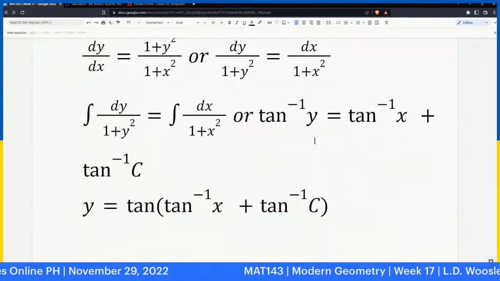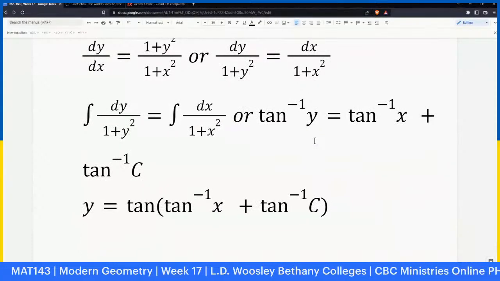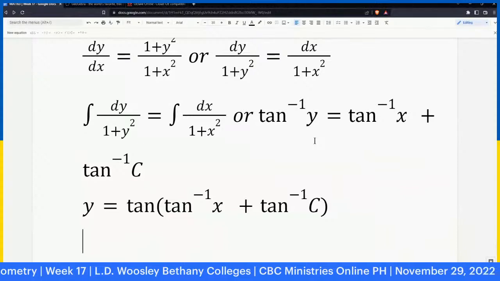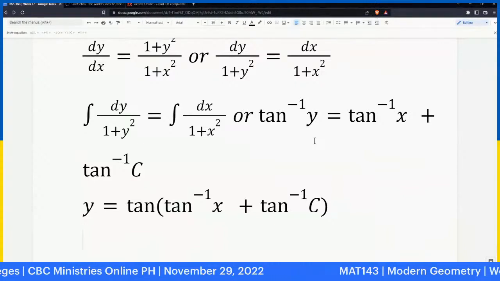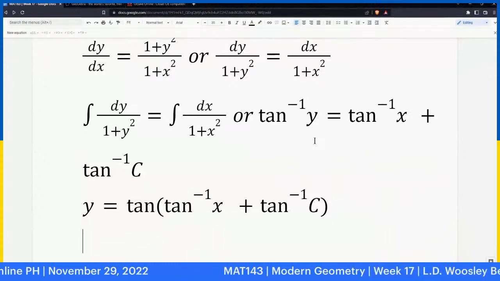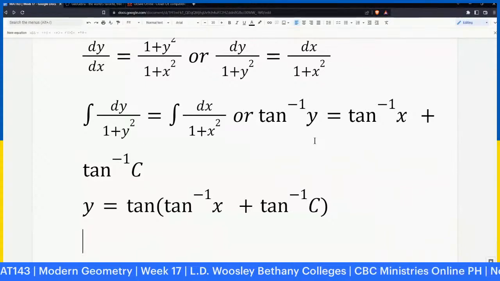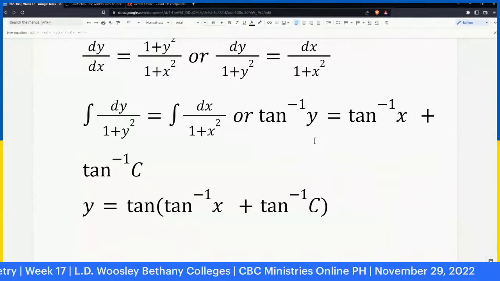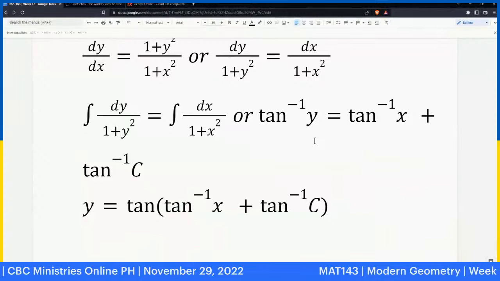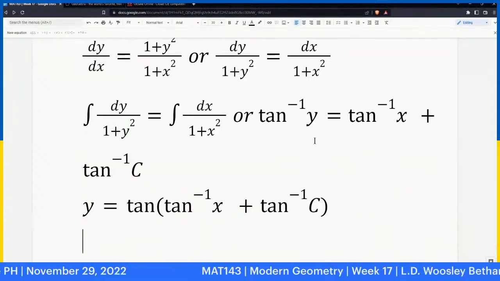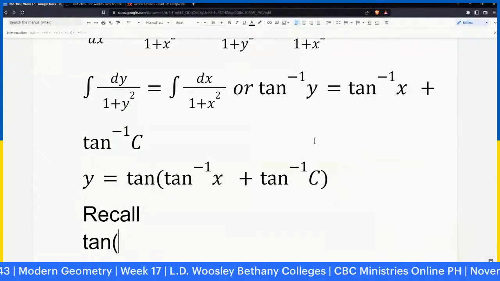Michaela, can you do this? Recalling your trigo identity for tangent of x plus y.